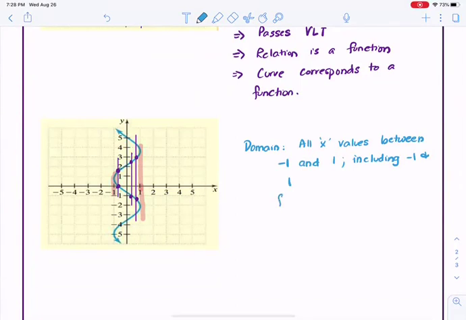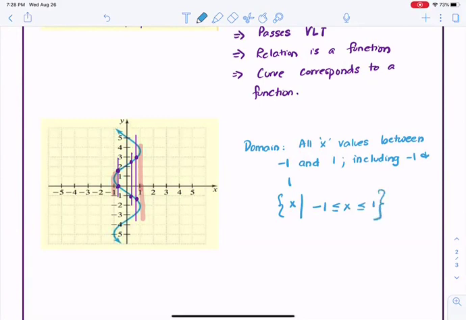You might remember a set notation from high school or middle school. So all values of x satisfying -1 less than or equal to x less than or equal to 1. And that would be the domain.